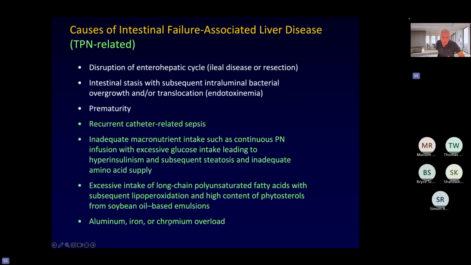These can result in toxicity to the liver.